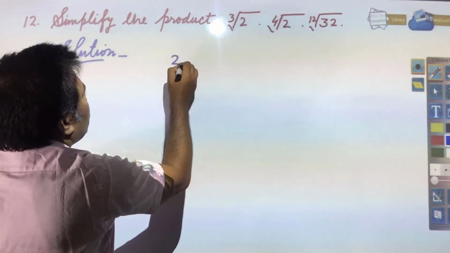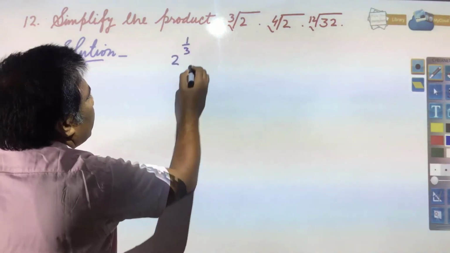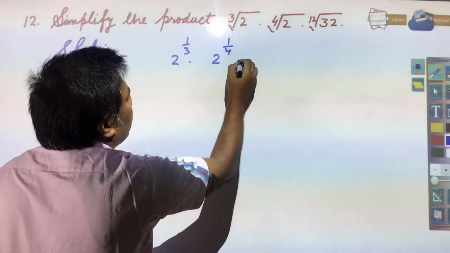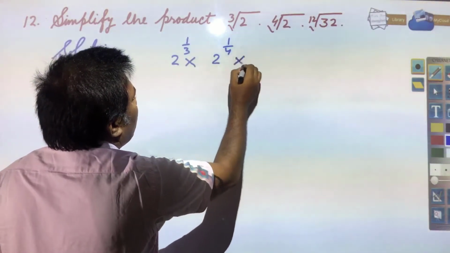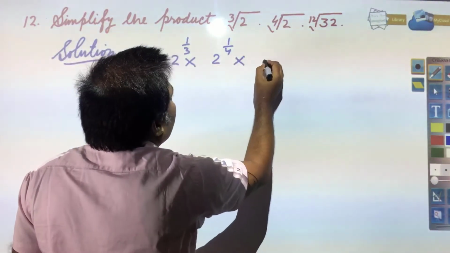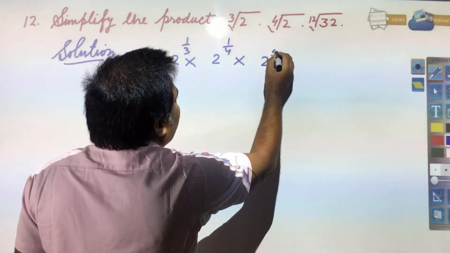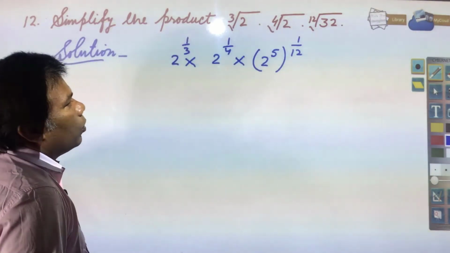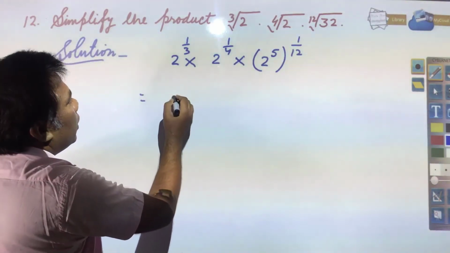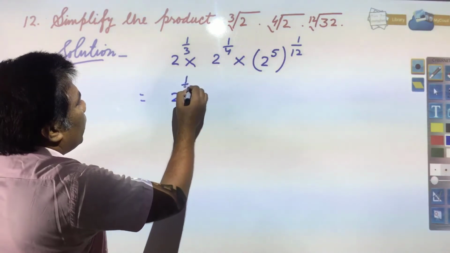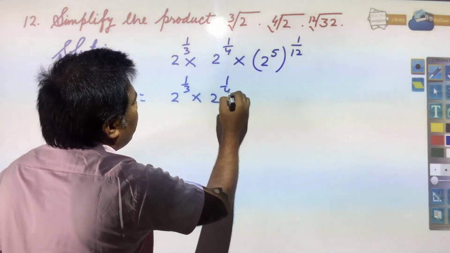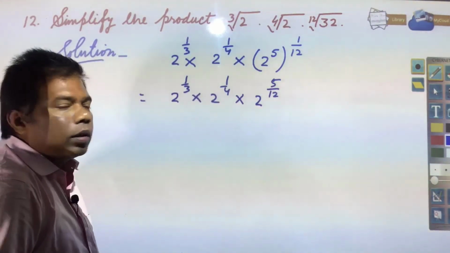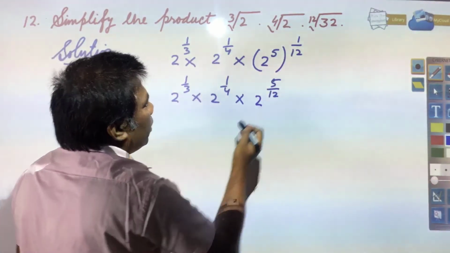This can be written as 2 to the power 1 by 3 into 2 to the power 1 by 4 into, here 32 can be written as 2 to the power 5, and to the power 1 by 12. I hope you understood. Then 2 to the power 1 by 3 into 2 to the power 1 by 4 into 2 to the power 5 by 12.